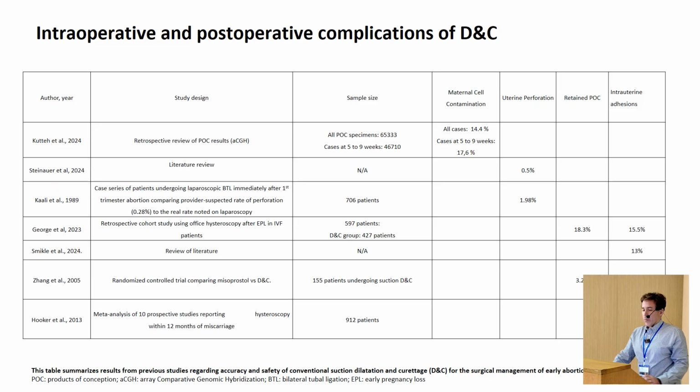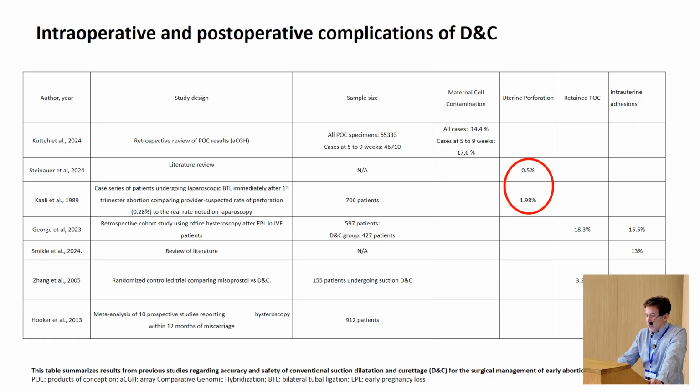Now to compare this technique, we don't have studies that compare directly embryoscopy with D&C, but we can see that D&C has a percentage of uterine perforation that goes from 0.5 to 1.9.